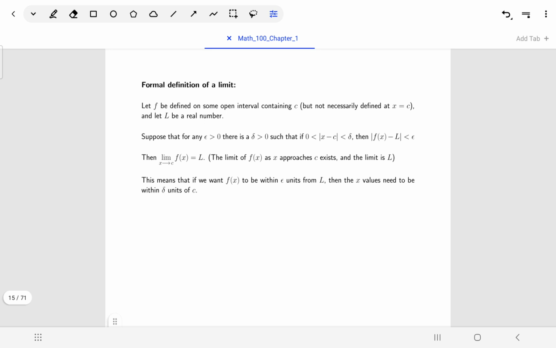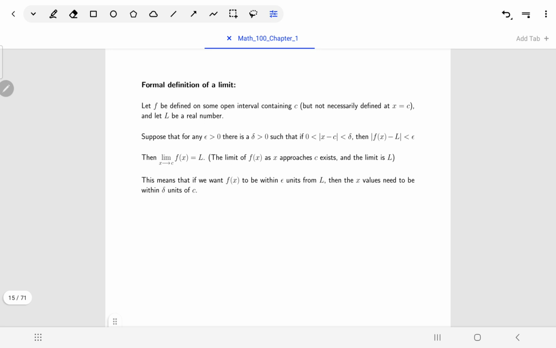So I'm going to talk about the limit, and then as I talk about it, I'm going to start drawing things and doing a little bit of diagramming. So the first thing we have is f is going to be defined on some open interval containing c, not necessarily defined at c. That's because we said before it doesn't really matter what's happening at c, whether something is happening that agrees with our limit or whether nothing's happening.